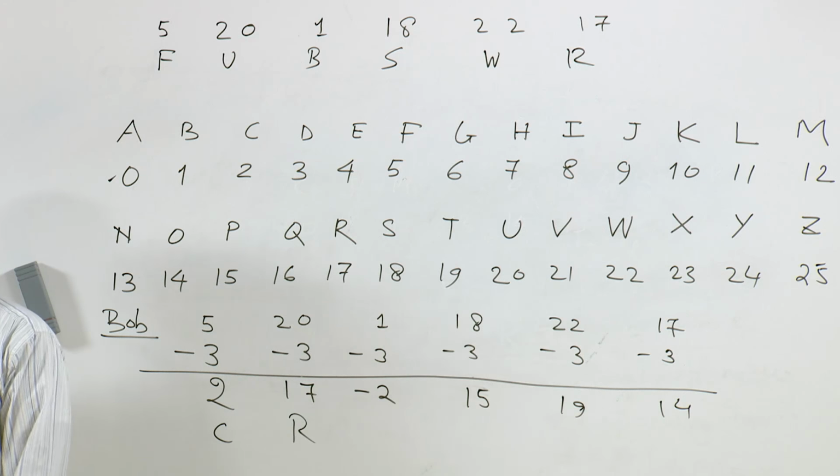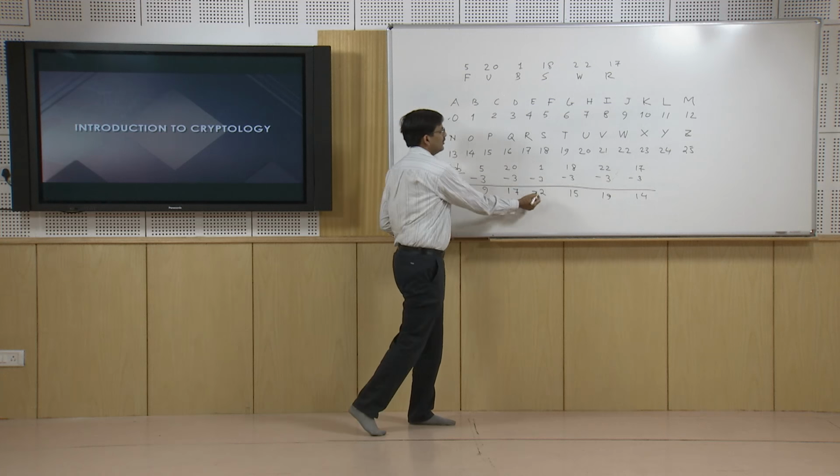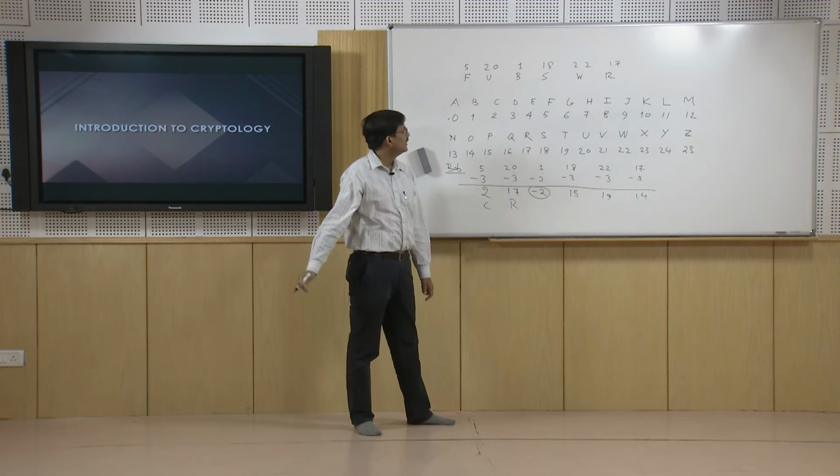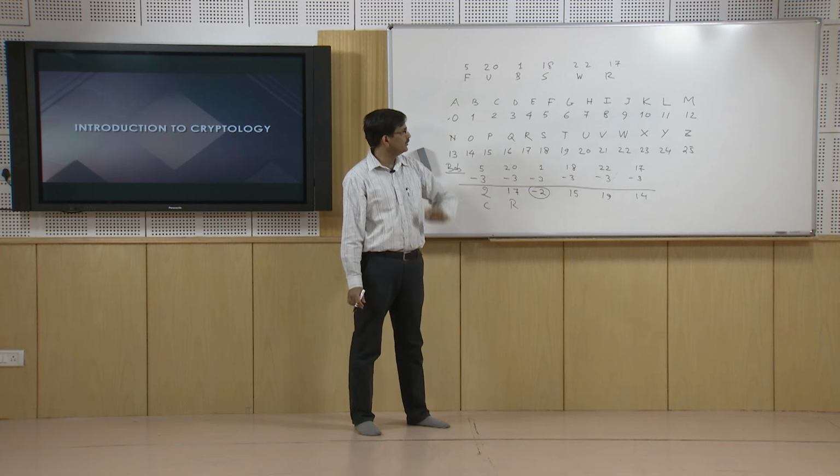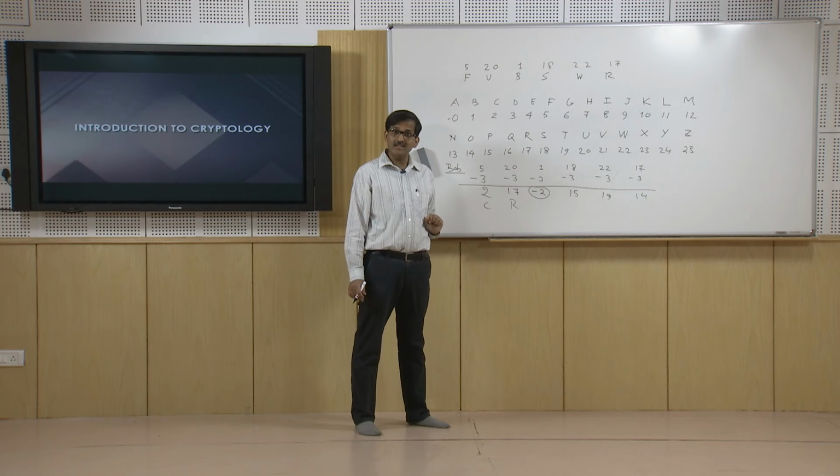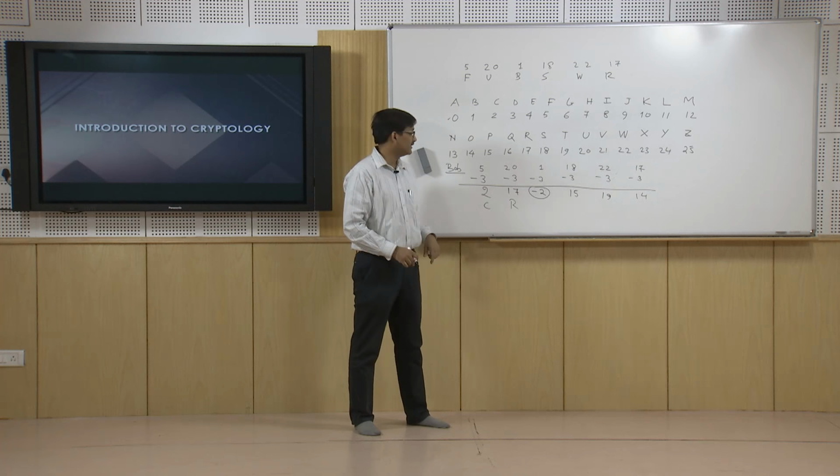Now, what to do with minus 2? Here there is a special technique. We have to somehow map this minus 2 to something between 0 to 25, and that is uniquely done here by adding 26 to it.